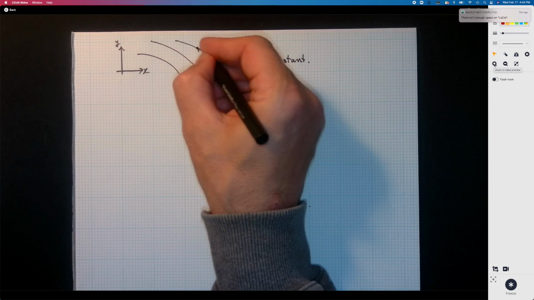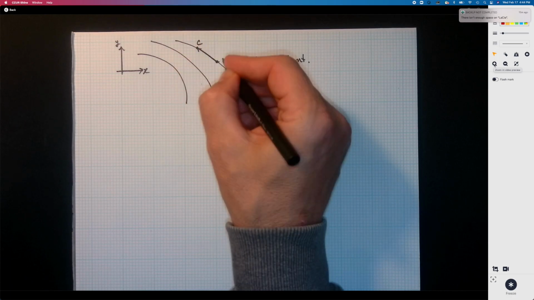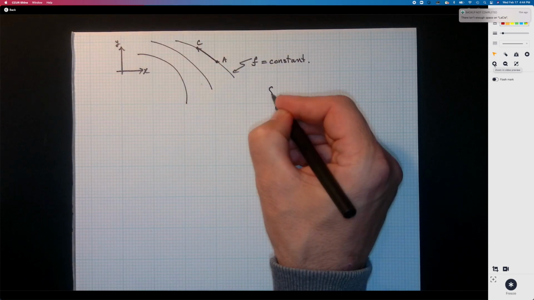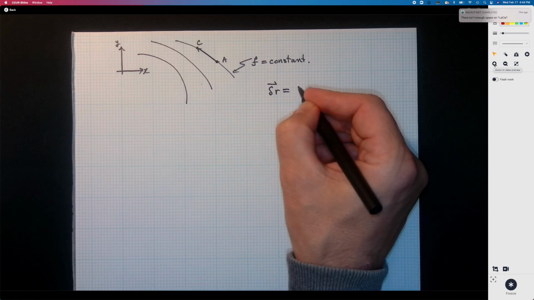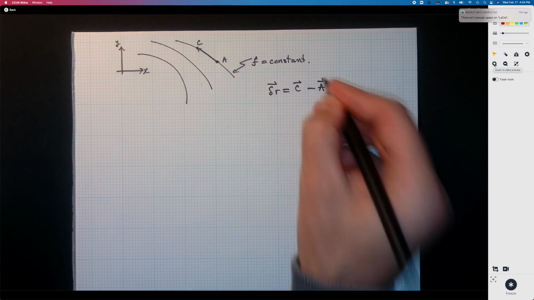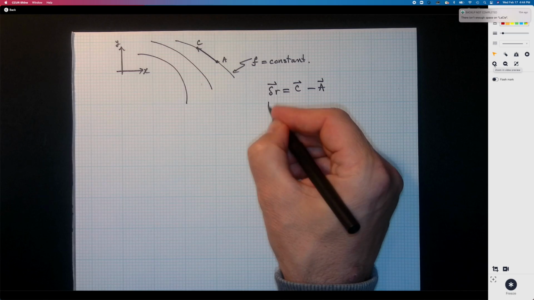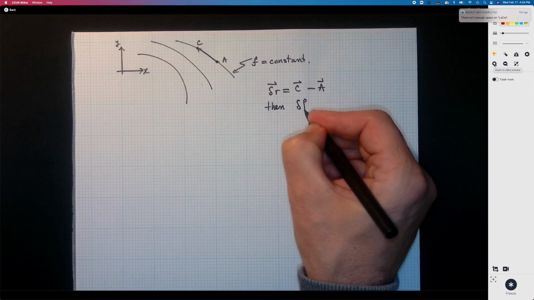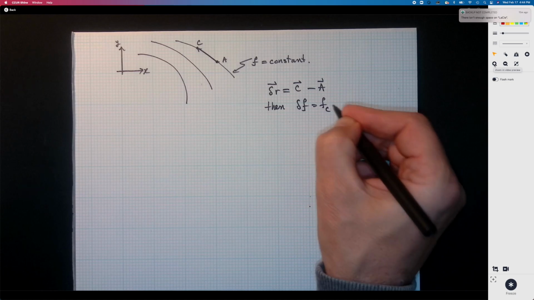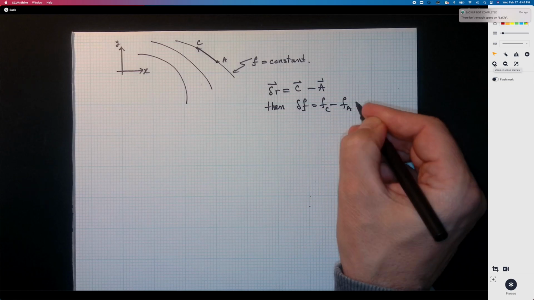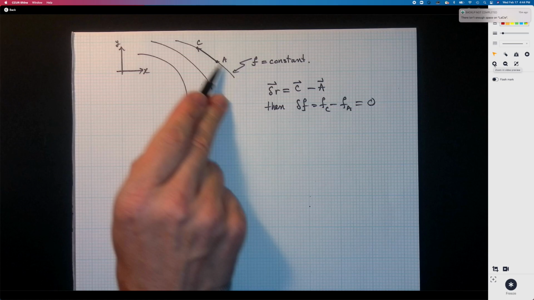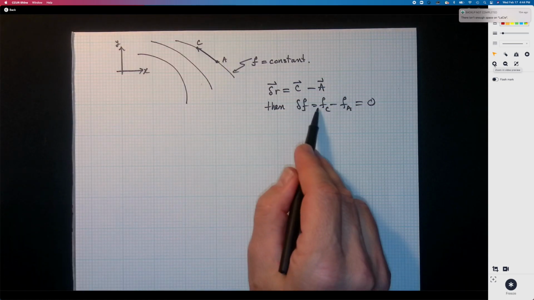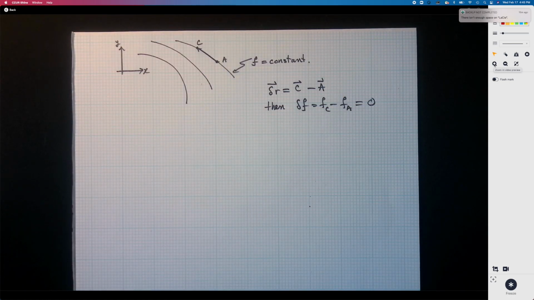So suppose this is the point C and the point A, and delta r is equal to C minus A. Then delta f, which is f at C minus f at A, is going to be 0 because we're on the contour of constant f. F at C is equal to f at A.